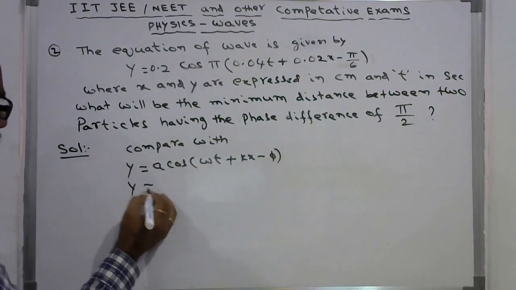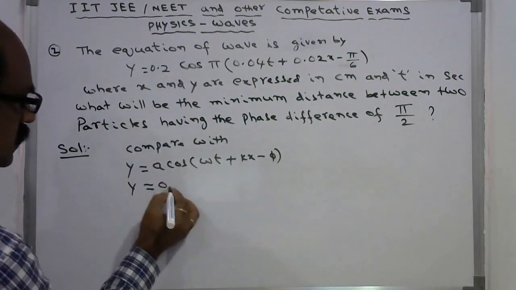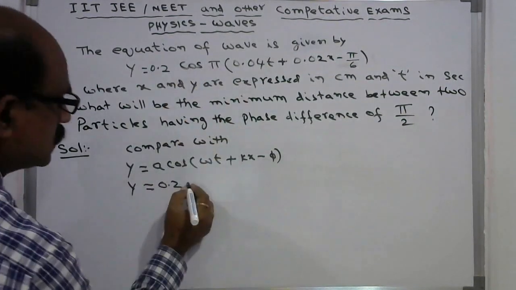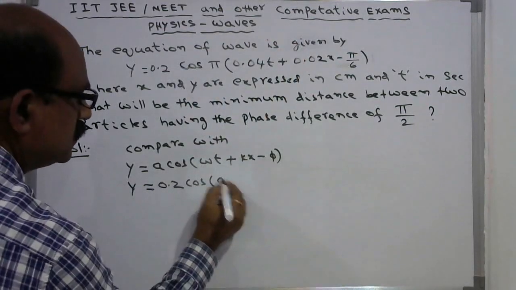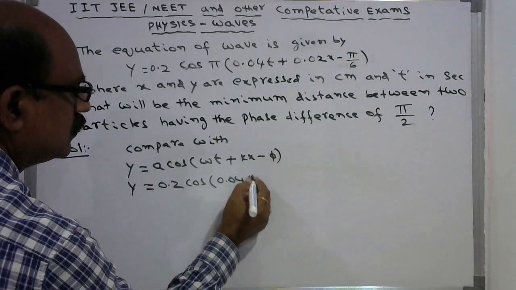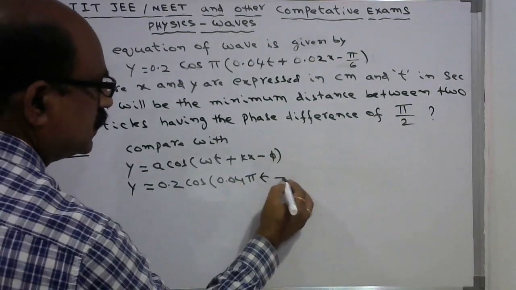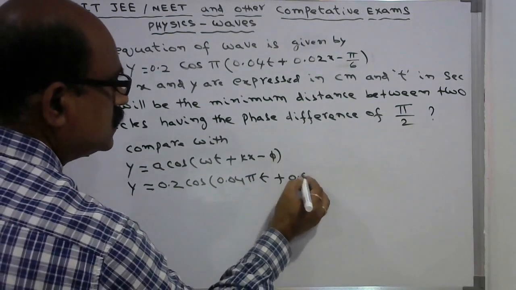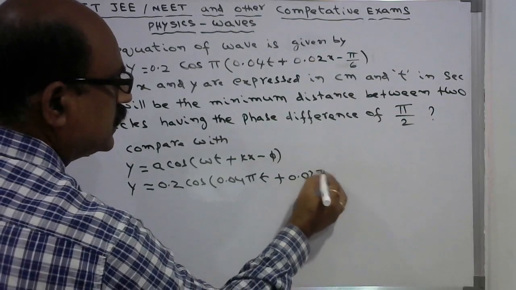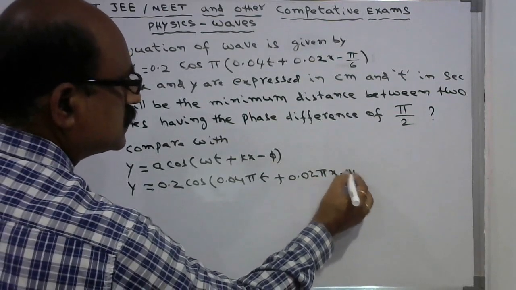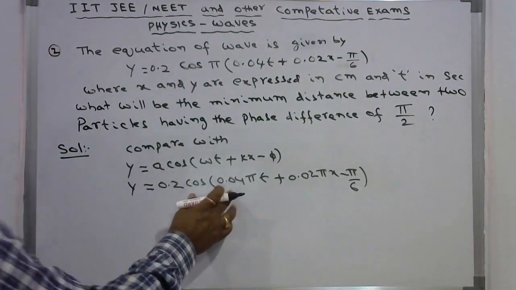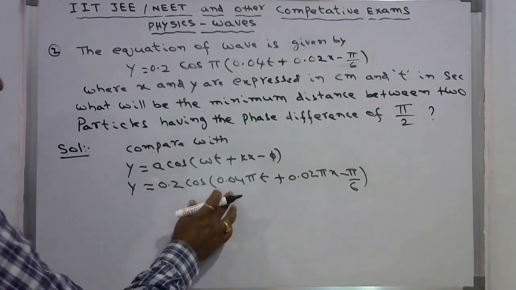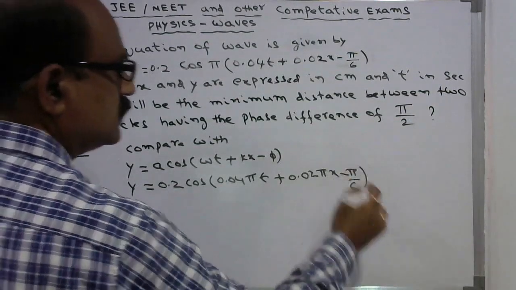Y is equal to 0.2 cos, you send the pi into parentheses, (0.04 pi t plus 0.02 pi x minus pi by 6). This is the given equation.